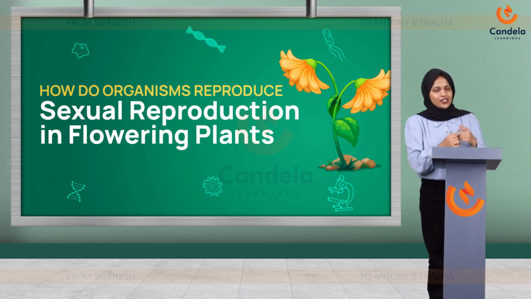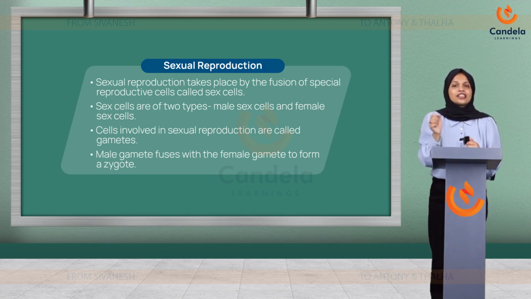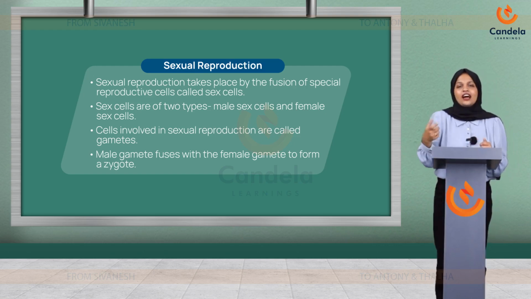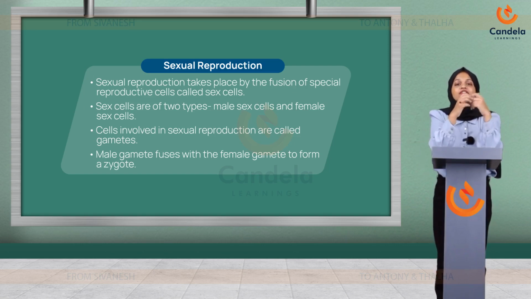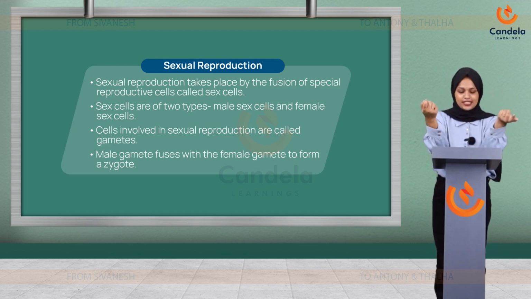Okay, so now we'll see the definition of sexual reproduction. Sexual reproduction takes place by the combination of special reproductive cells which are known as the sex cells. Sex cells are also known as germ cells, and they are of two types: the male sex cells and the female sex cells.